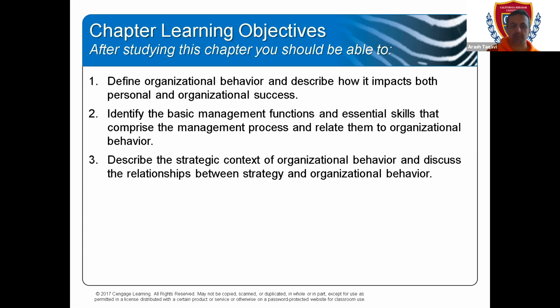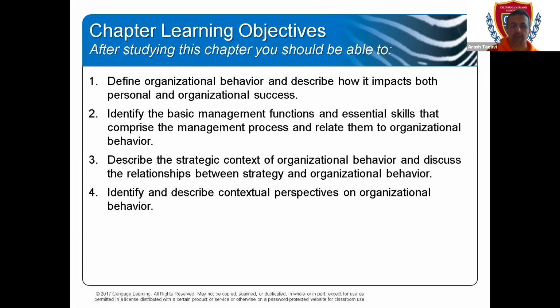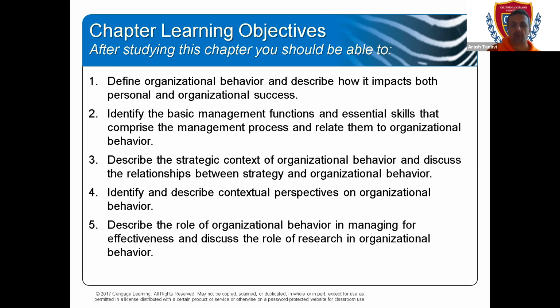Third, describe the strategic context of organizational behavior and discuss the relationship between strategy and organizational behavior. Four, identify and describe contextual perspectives on organizational behavior. And five, describe the role of organizational behavior in managing for effectiveness and discuss the role of research in organizational behavior.